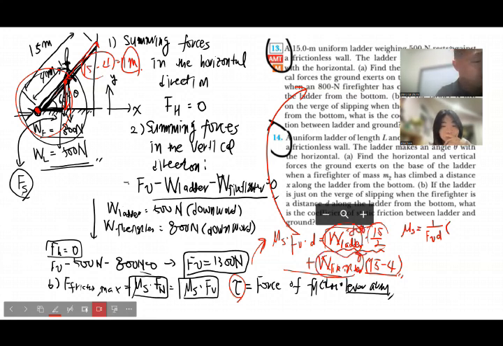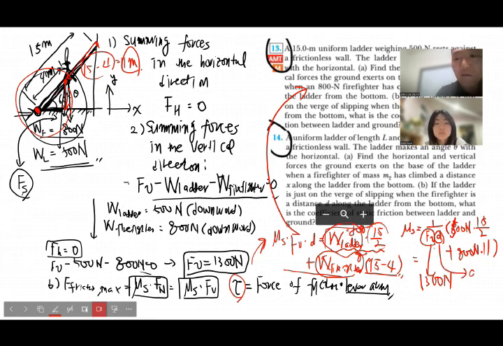If you plug that in, that is 500 Newton times 15 over 2 plus 800 Newton times 11 meter. And this one is 1300 Newton. And D is what? D is 9 meter. Is that right? I should be clear on that.